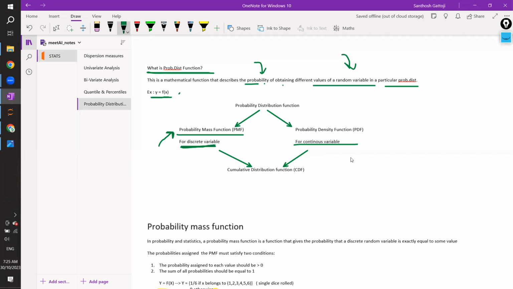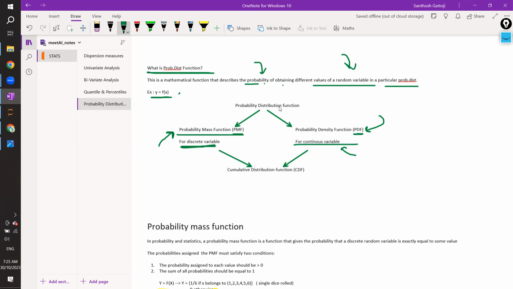For a continuous variable, it's called probability density function. Probability mass function is denoted by PMF, and probability density function is denoted by PDF.